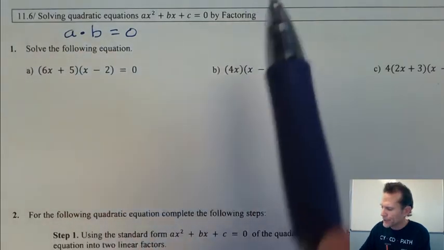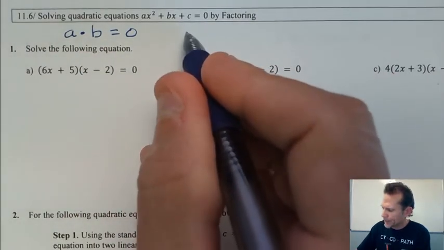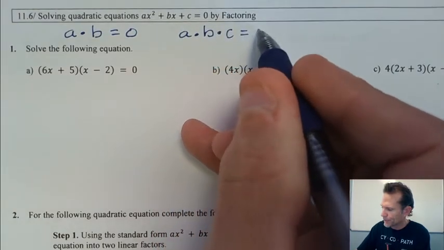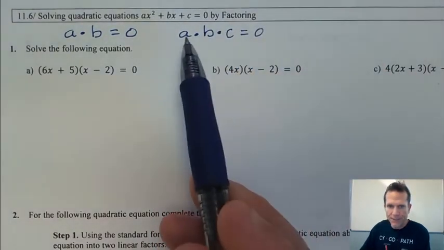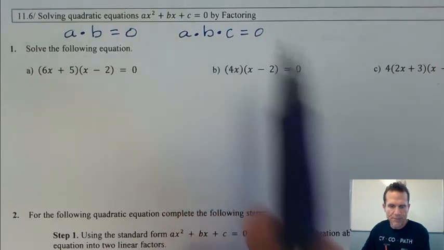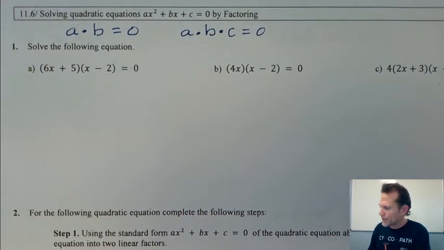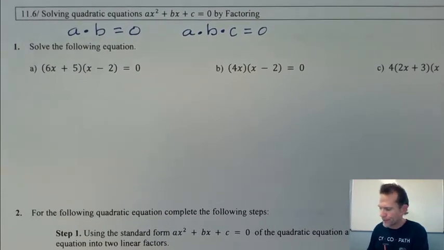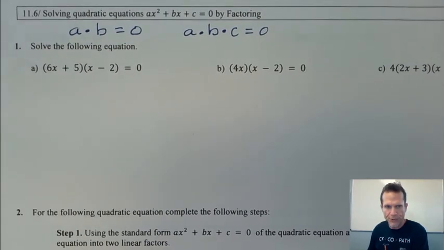Now we also could extend that, and if I said there's three things that when I multiply them equal 0, this could be 0, this could be 0, or this could be 0. Okay, so that's the idea we're going to use in these first three, and actually through this whole section here.